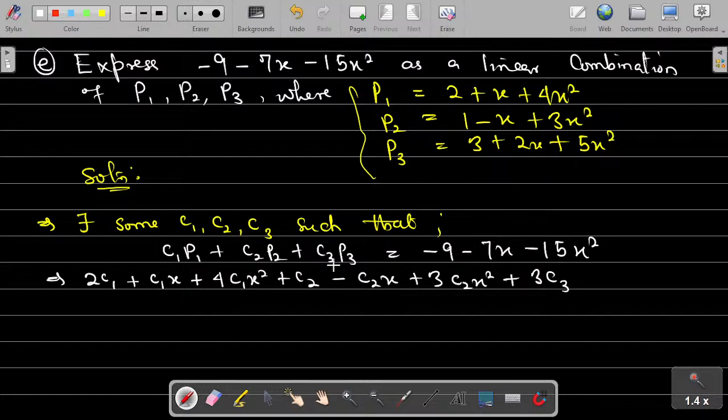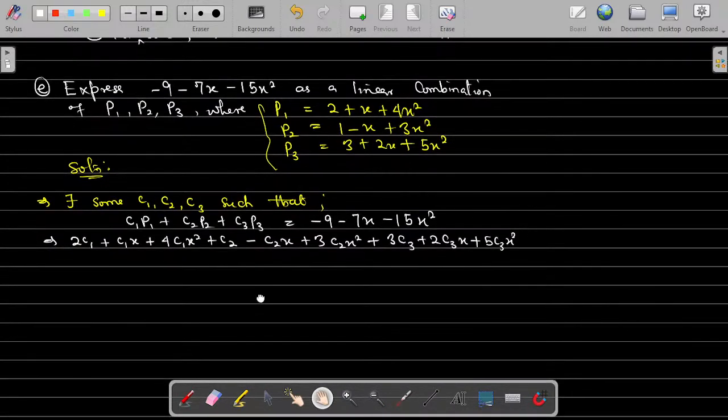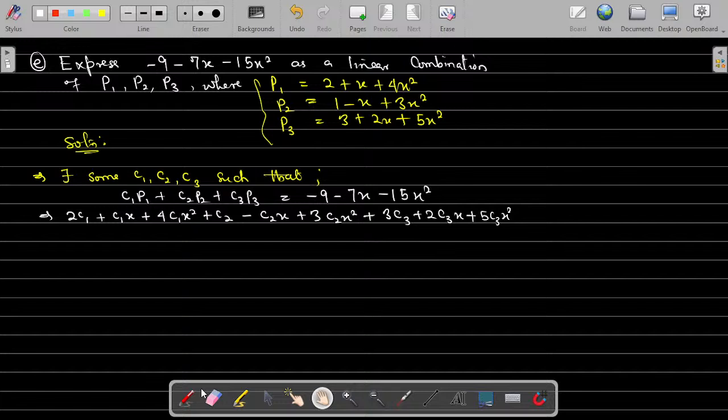And then c3 will multiply this to give us 2c3x, and c3 will multiply to give us 5c3x squared. Okay, maybe I should reduce this. All right, and that is equal to, I hope you are still able to see this, your right hand side, which is -9 - 7x - 15x squared. Okay, and so what did we do?